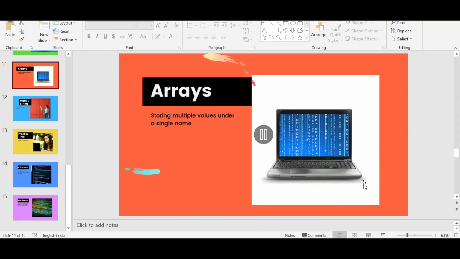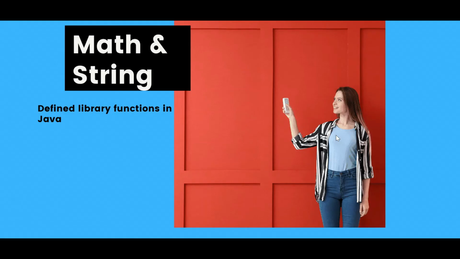Now let's move on to our next topic, math and string. As we told you, Java is a very user-friendly language. It provides us with various built-in libraries, as we call them.